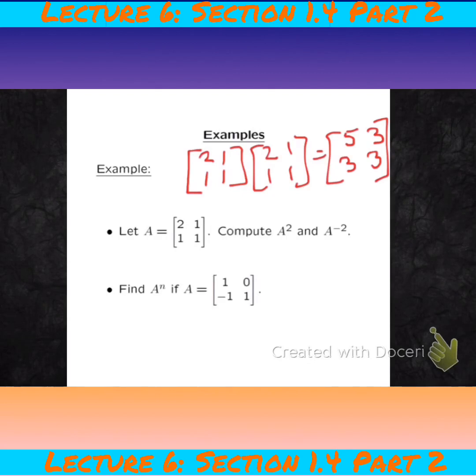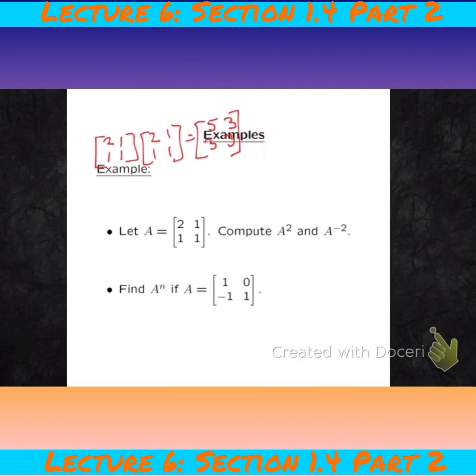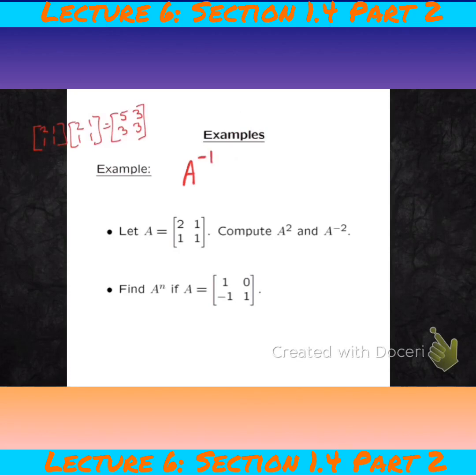So what you're first going to do is calculate A's inverse. The determinant of A is 1. It's 2 times 1 minus 1, which is 1. And then basically you switch the 1 and the 2 around, and you make the other entries negative. So that is the inverse.